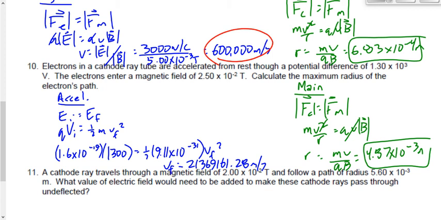Some of the particles might have been moving faster, some slower, but the ones that made it through were moving at that exact speed, because we got it from the velocity selection chamber. Here, we're asked for the maximum radius because the best we could do for speed was the maximum speed, since we got it from the acceleration chamber, not the velocity selection chamber. Does that make sense, the difference there?